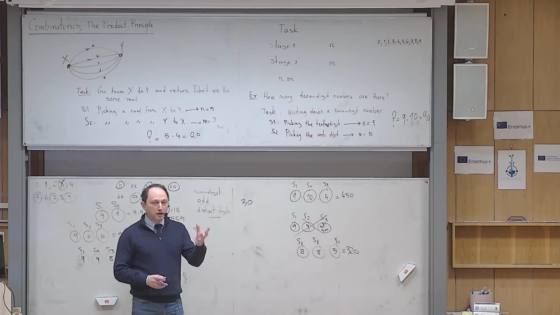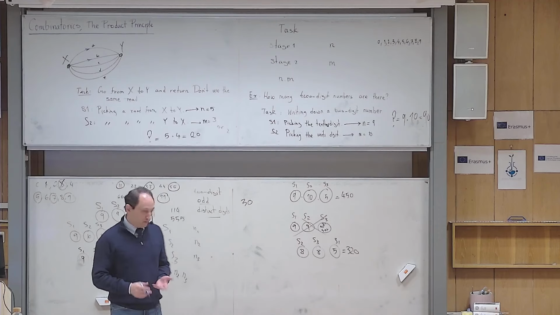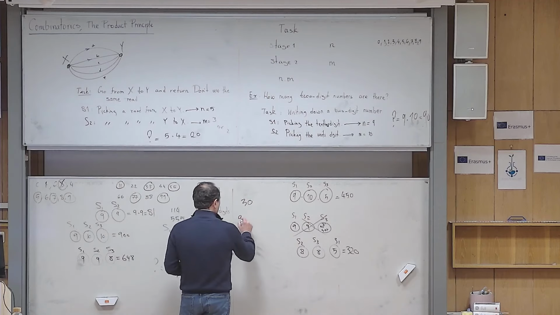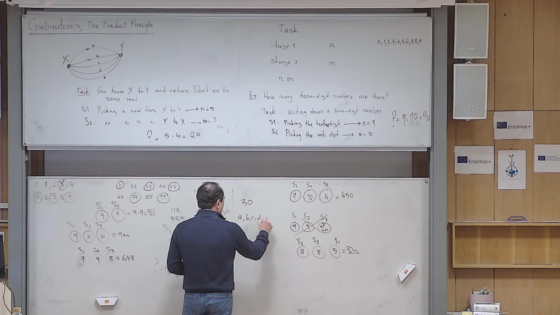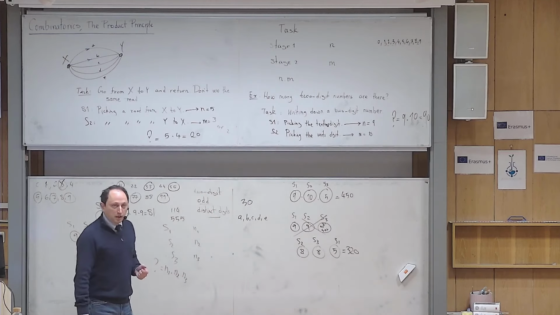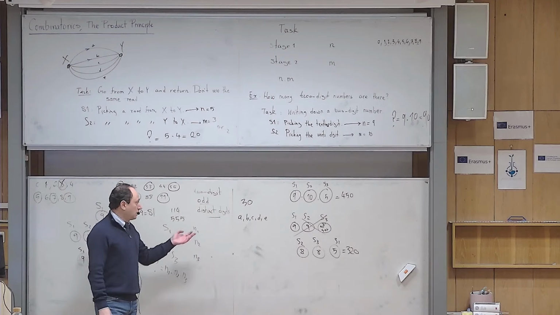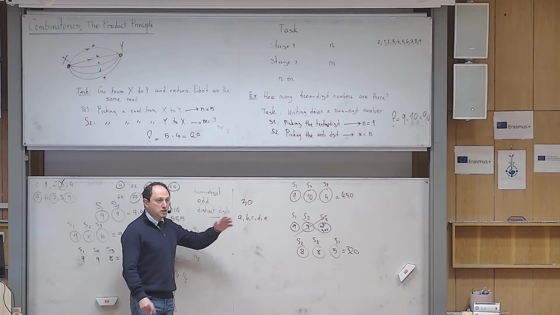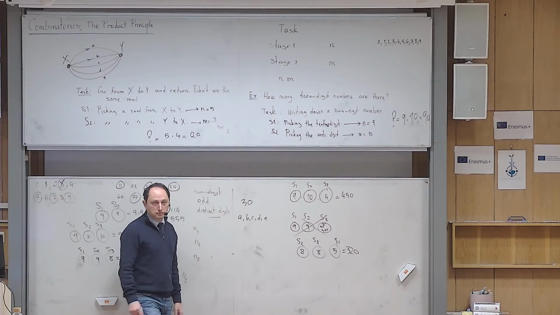And then I have 5 students. Let me call them student A, B, C, D, E. In how many ways can I make them sit in this room?